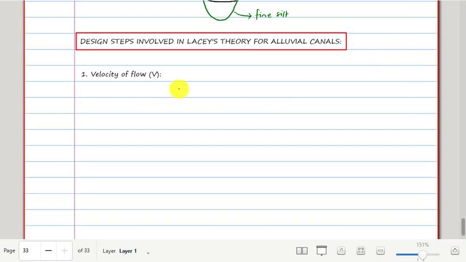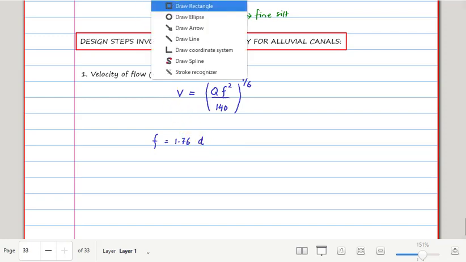The formula for V, velocity of flow, given by Lacey, is V equal to (Q f square divided by 140) whole raised to the power 1/6. This is the formula to find out the velocity of flow. This is our first step. And how can we find f here? f is equal to 1.76 under root d.